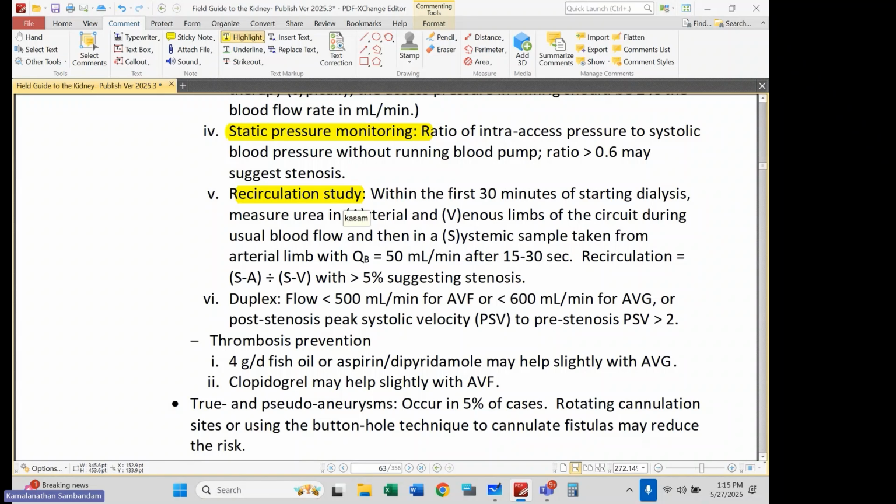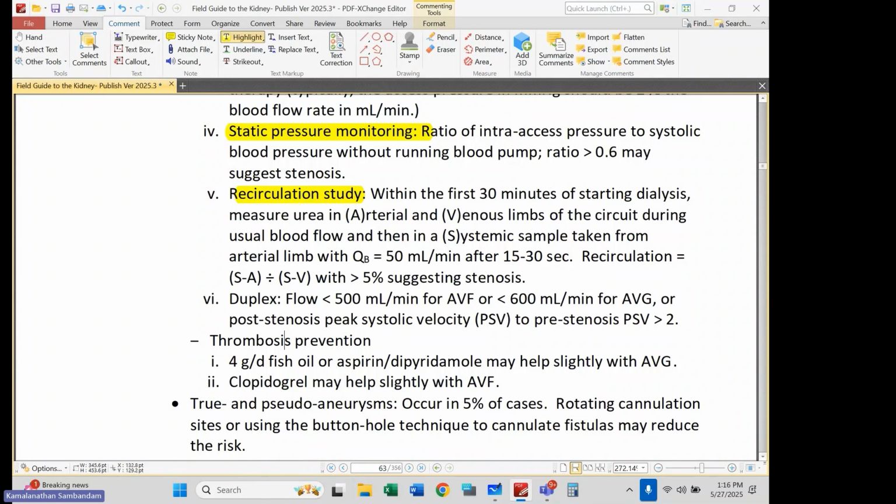Recirculation studies might be done through, you can actually get an indirect recirculation measurement through transonic flows as well. But what is often used is the measurement of urea concentrations after slowing the blood flow down.